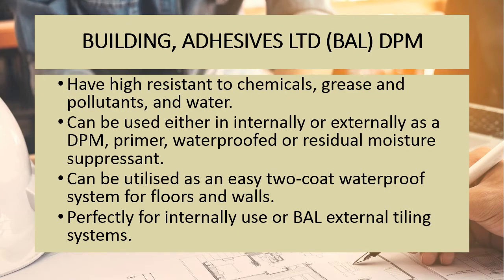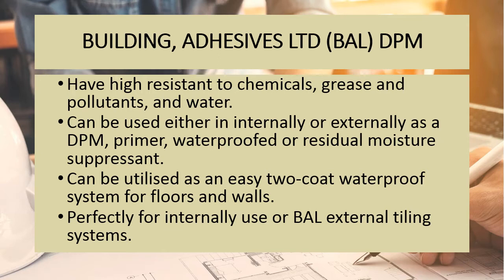Last but not least, this is the Building Adhesive Ltd, in short BAL, damp-proof membrane. BAL damp-proof membrane is a type of membrane that has high resistance to chemicals, grease, pollution, and water. It can also be used either internally or externally as a damp-proof membrane, primer, waterproofer, or residual moisture suppressant.